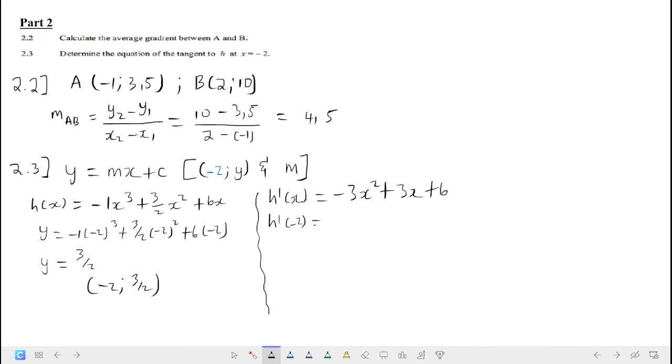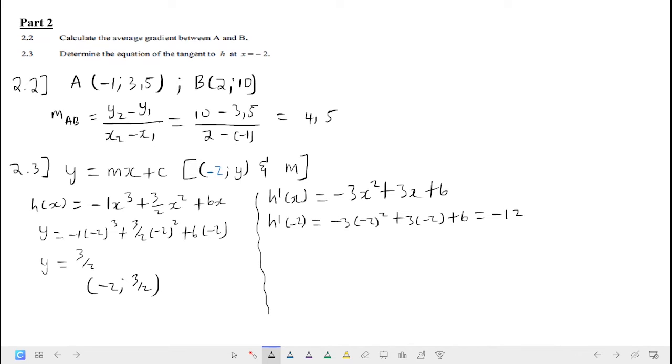Now when we do that, this is going to be minus 3 into minus 2 squared plus 3 into minus 2 plus 6, right? Now press this on your calculator and you should get minus 12 here.